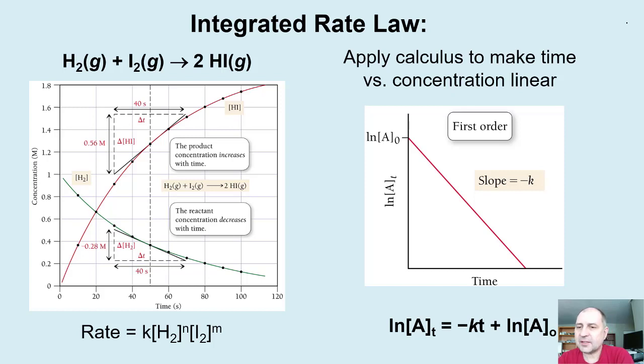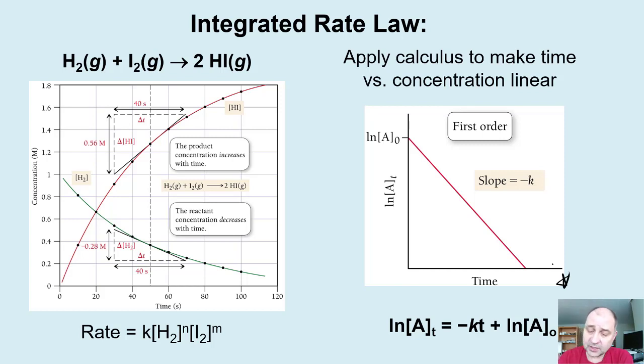What that does is it takes our data. First of all, these reaction orders, first, second, and zero order, they behave differently, and so we're looking at different data. And if we can take this data and manipulate it to where we can have a linear relationship, such as shown here. For example, for a first order reaction, if you take your data and you plot time versus the natural log of the concentration at time t, it becomes linear.